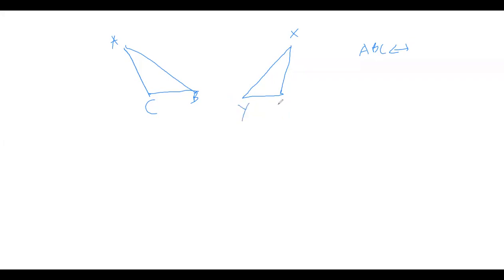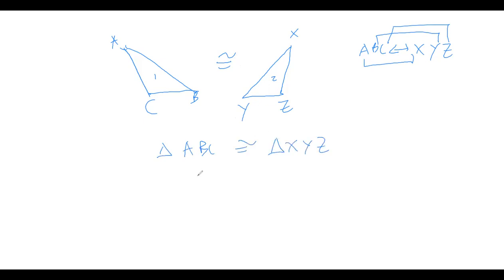X, Y, Z. If we have that correspondence, A, B, C, and X, Y, Z, then if triangle 1 is congruent to triangle 2, we need to have the corresponding parts congruent. So which are the corresponding parts here? From this correspondence, angle A corresponds to X, angle B corresponds to Y, angle C corresponds to Z. Therefore, for triangle ABC to be congruent to triangle XYZ, by definition, we should have the first requirement.